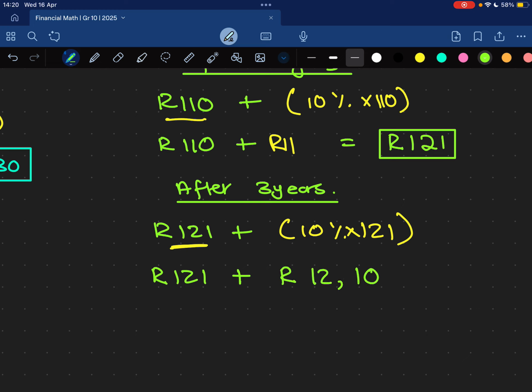On the calculator, if you worked it out, it will just be 12,1, but remember we work in cents, which is always 2 decimal places, so it's actually 10 cents. So you add that together and you will get 133 and 10 cents.